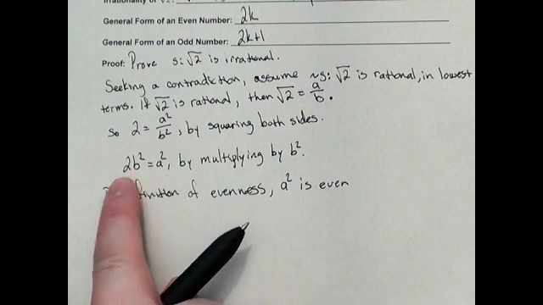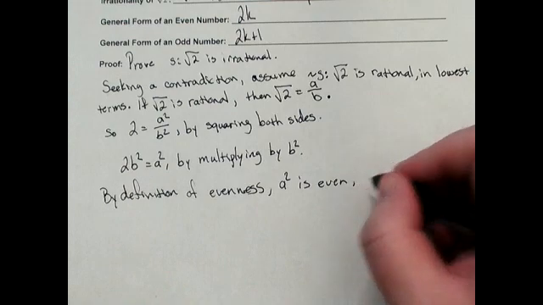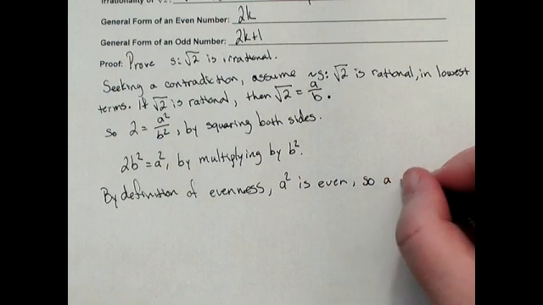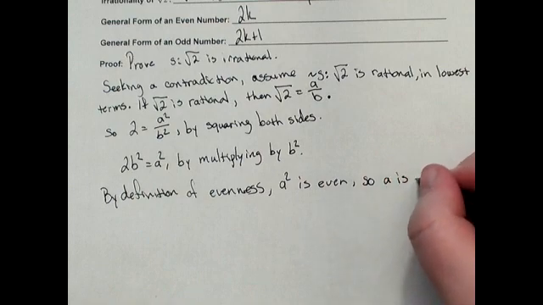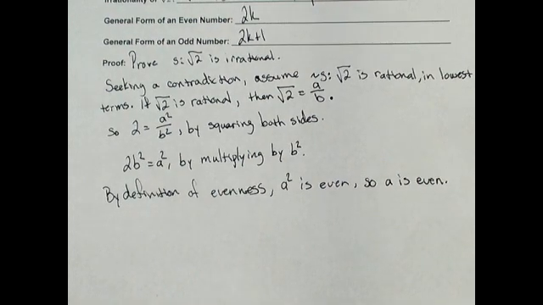So it doesn't matter what b is. 2 times something is going to give us an even number. We can also then imply, so a is also even. Because if we square something to get an even number, we have to square an even number. If we think about it, 3 squared, 3 times 3, an odd times an odd, is going to give us 9, which is another odd number. If I take an even number times itself, I will get an even number. But an odd number times itself will always give us an odd.